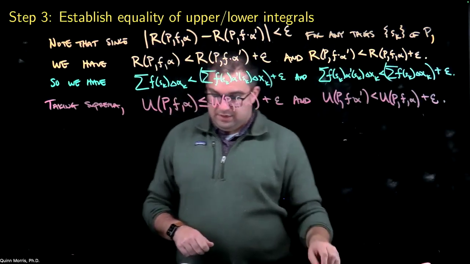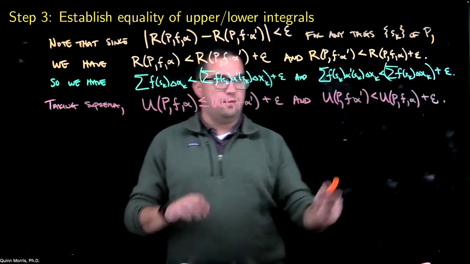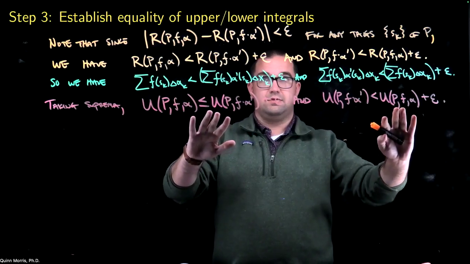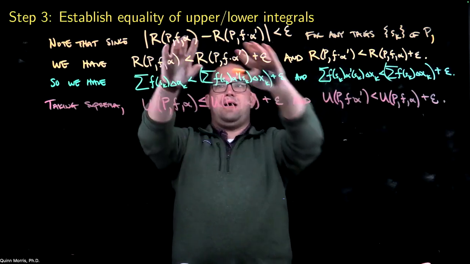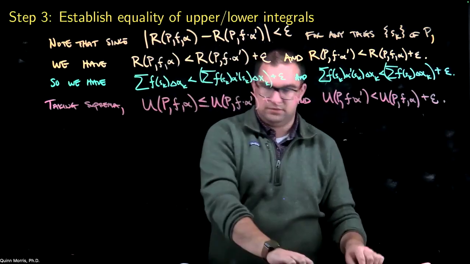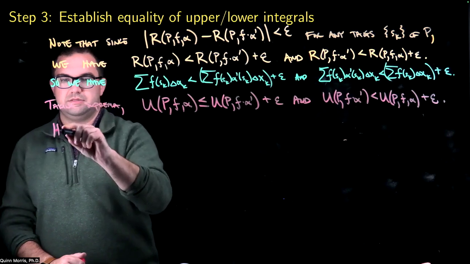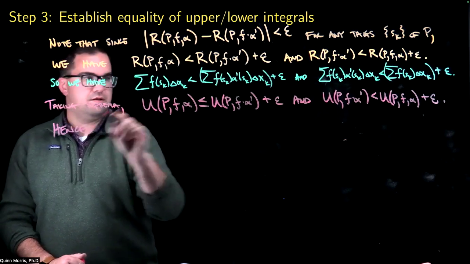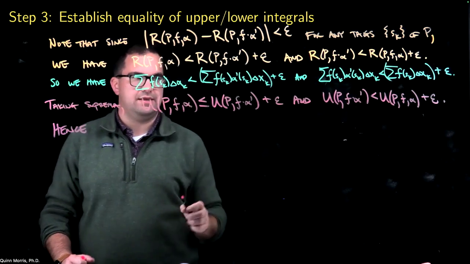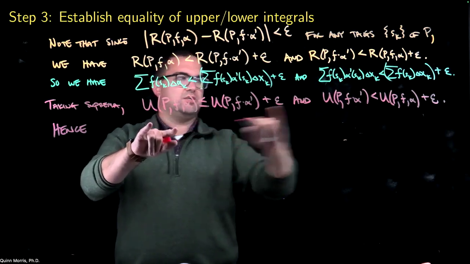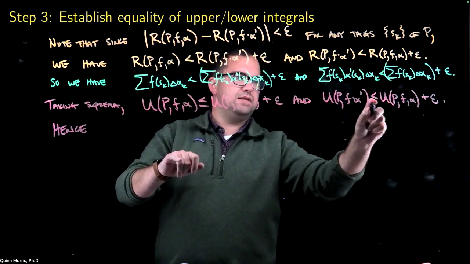All right, now if I recombine these, I'm going to take this back to something that looks like this. And so hence, combining these two inequalities, sorry, this should be less than or equal to.